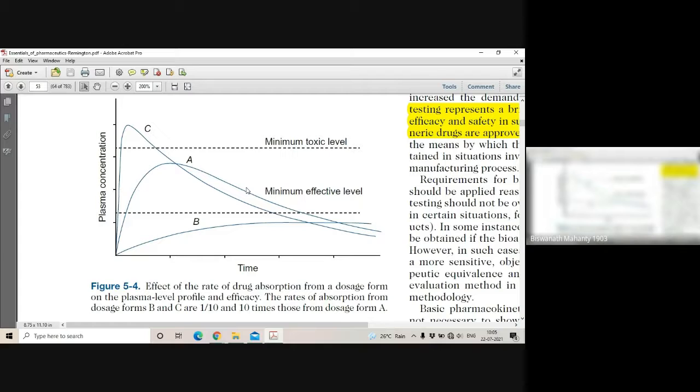A and C look very similar, but still A is better because A is not reaching the toxic level. C is not good because it is already crossing the toxic level and falling rapidly. So essentially, we cannot have any effect from these kinds of drug concentration. It is very important to know that.